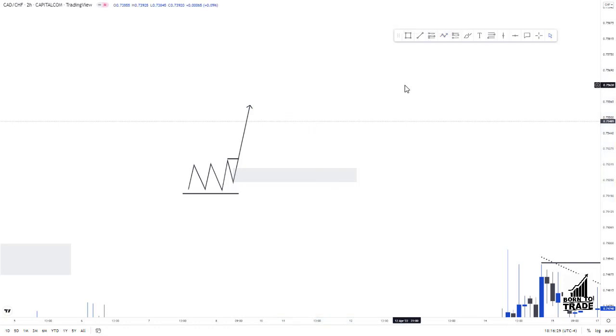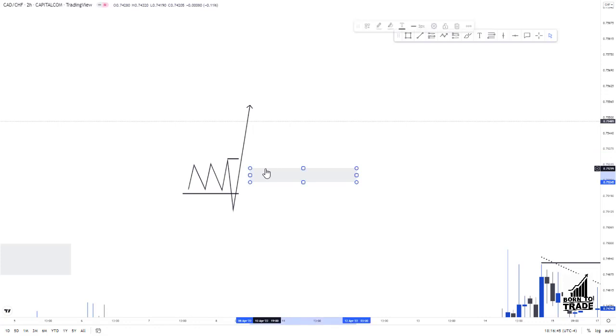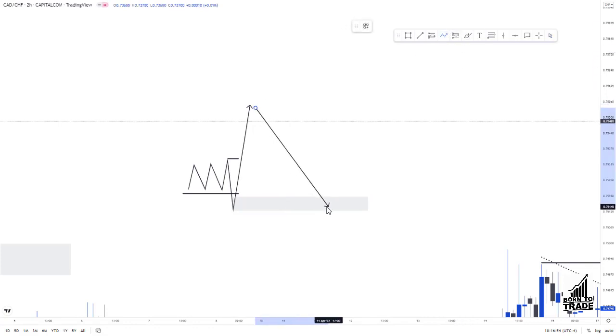The only way this kind of setup can be valid is when, before price moves out, it taps into this liquidity, taking them out before moving higher and breaking structure. So when you get this kind of setup, you can map out your demand zone right here and wait for price to come back, tap into your zone. So this is valid, and the first one I showed you is invalid.